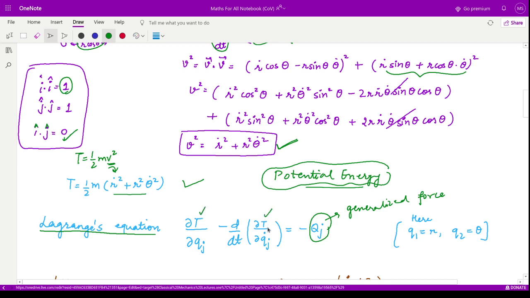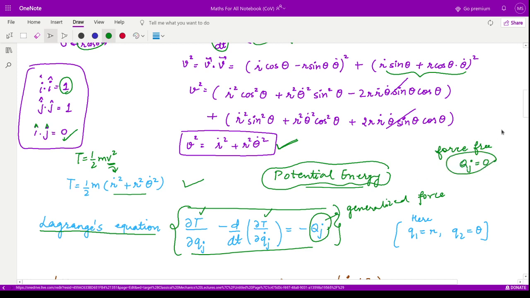If you are not sure how this formula came up, you can visit the previous videos. I've explained this formula there in detail. So this is the Lagrange equation that we shall use, and in our question we are given a force free system. That means our Qj would be equal to 0.